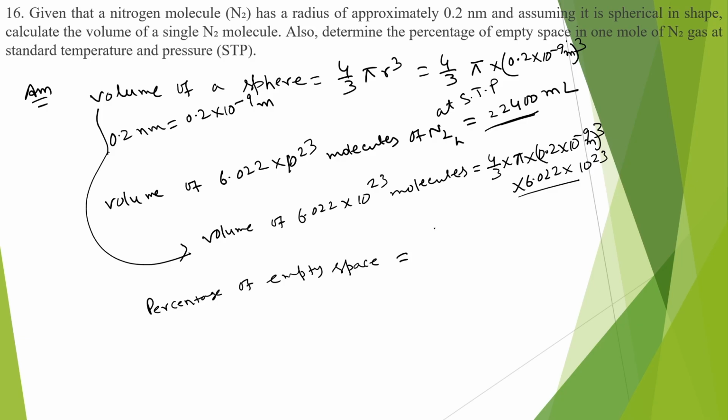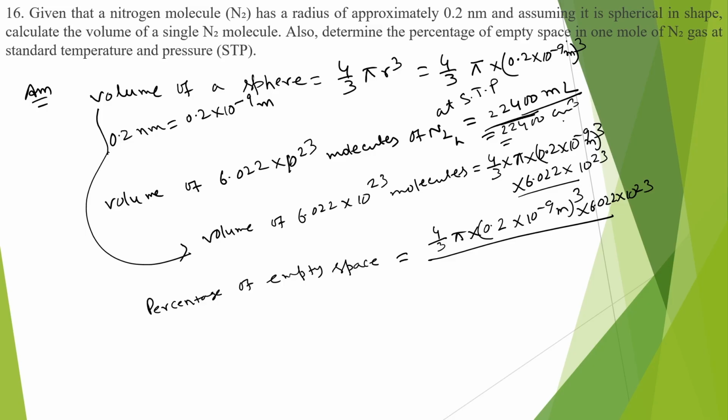So, we get 4 by 3 pi 0.2 times 10 to the minus 9 meter to the 3 times 6.022 times 10 to the 23, and this is given in ml. Okay, so ml is 22,400 centimeter cube.